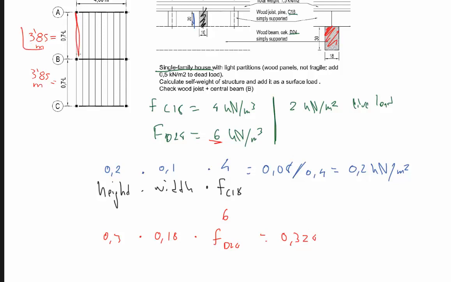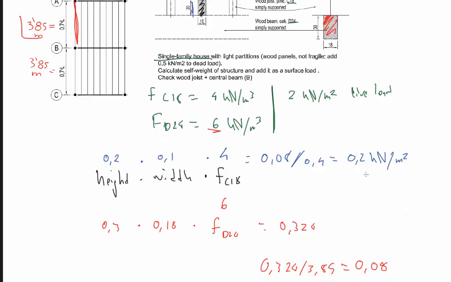These beams are located every 3.85 meters. Maybe we should do it separately. So 0.324 divided by 3.85 gives us 0.08. Don't confuse that with that one, by the way.